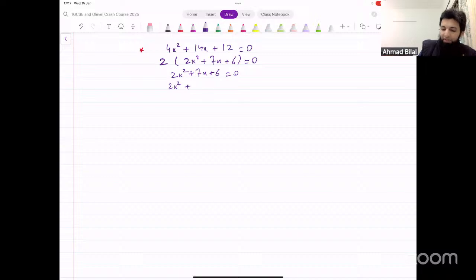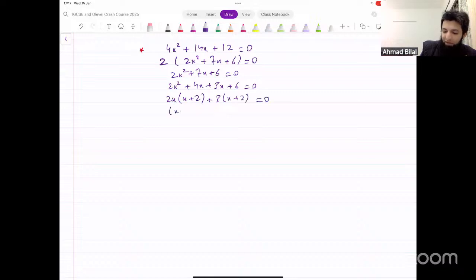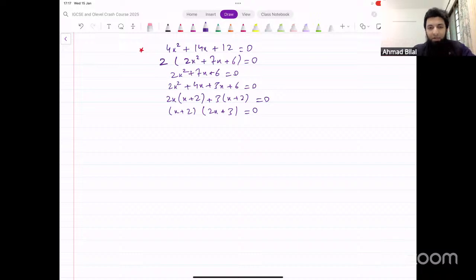Now, 2x squared plus 4x plus 3x plus 6 equal to 0. The first two terms give us 2x into x plus 2. Then we have 3 into x plus 2. And then we have two factors, x plus 2 times 2x plus 3. That equals 0. Now, what does that mean? We've got two things multiplying.